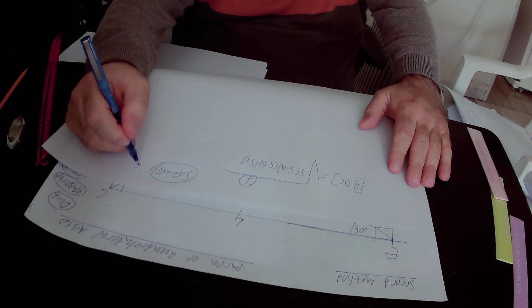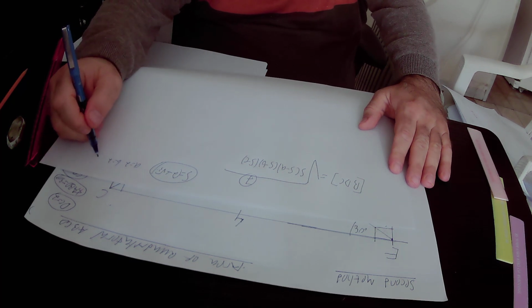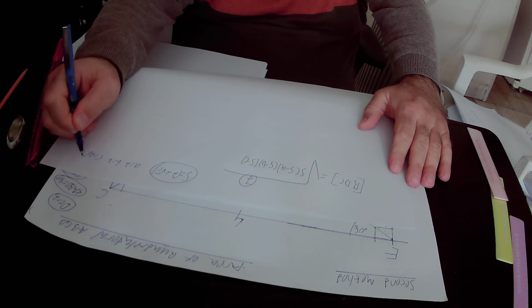And we know that A equals 2 units, B equals 2 units, and C equals 2 times square root of 3 units.